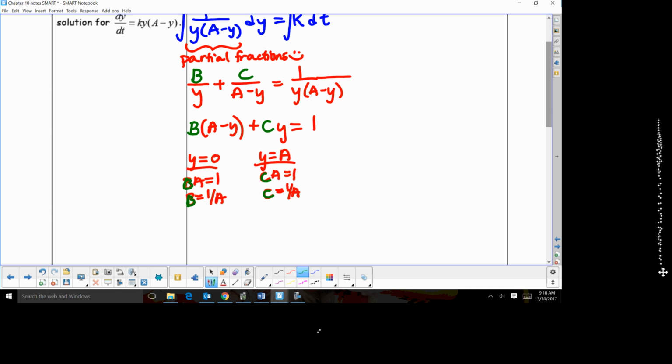Okay, so in both cases, I got B and C to equal 1 over a. So this basically means I'm going to have the integral of 1 over a over y plus 1 over a minus y dy equals the integral of k dt.